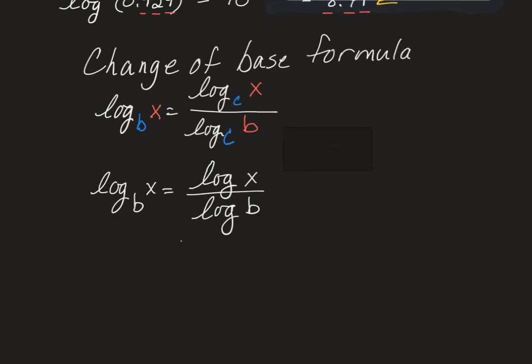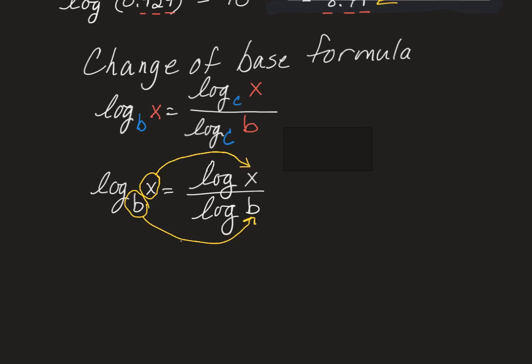Please note that when you do the change of base, the former argument goes into the numerator and the base goes into the denominator. Look at the way they are positioned in our original log here. Log base b of x. The b is below the x, right? So it goes below the log of x. The base goes into the denominator. The argument goes into the numerator.